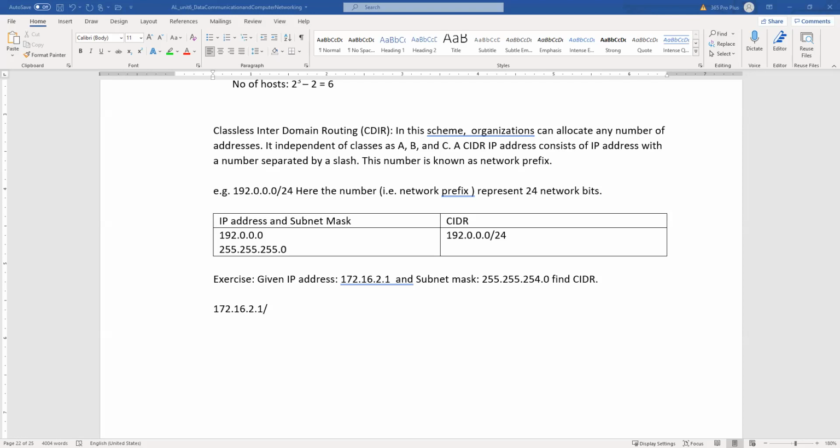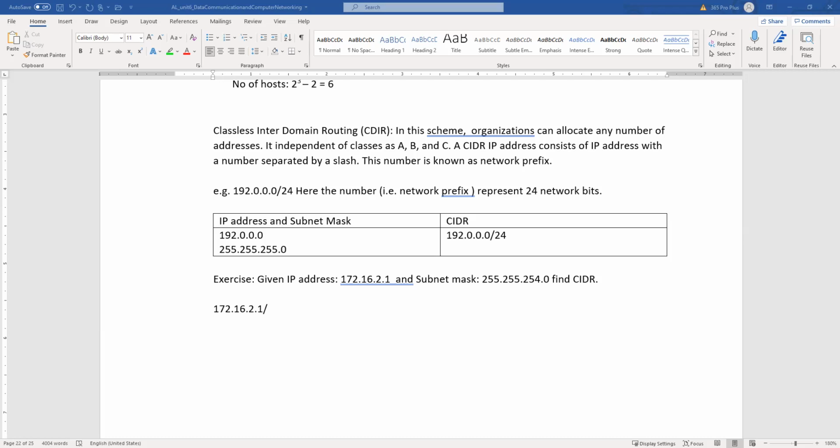This number we call the network prefix. For example, 192.0.0.0/24 means this number represents the 24 network bits. When you compare, you can write the IP address as 192.0.0.0, and the subnet mask has 24 ones and the rest zeros, which means 255.255.255.0.